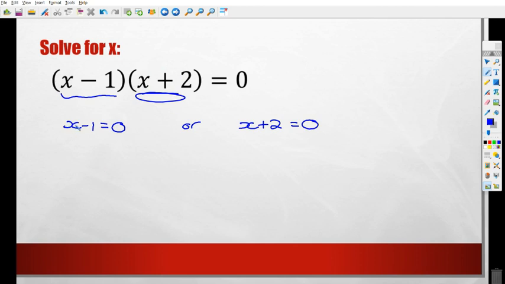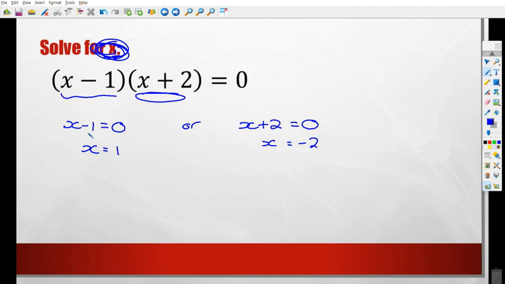But now I want to know the value of x. Solve for x. I want to know the value. Give it to me. X equals 1 or x equals -2. Fantastic. Now let's go check ourselves. Let's see if these brackets give us 0.